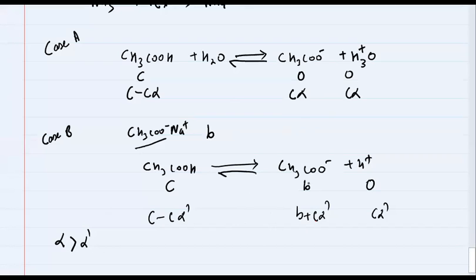This is a common ion effect because this common ion leads to less dissociation of your acid or base, whatever reactant you have. Now if B is very large compared to C alpha dash, then C alpha dash can be ignored. Understood this concept?